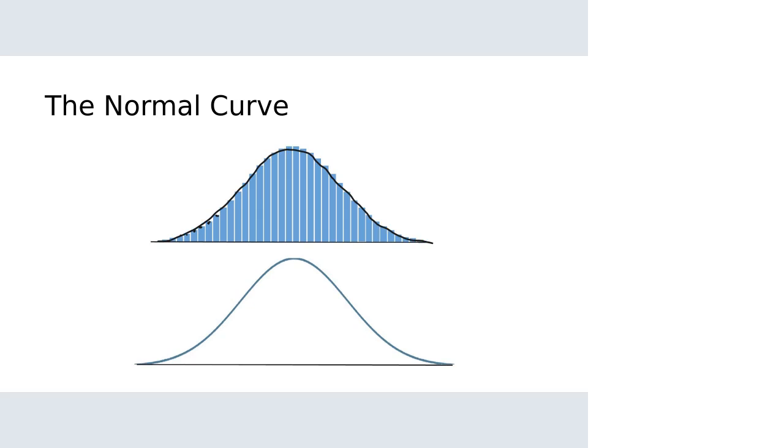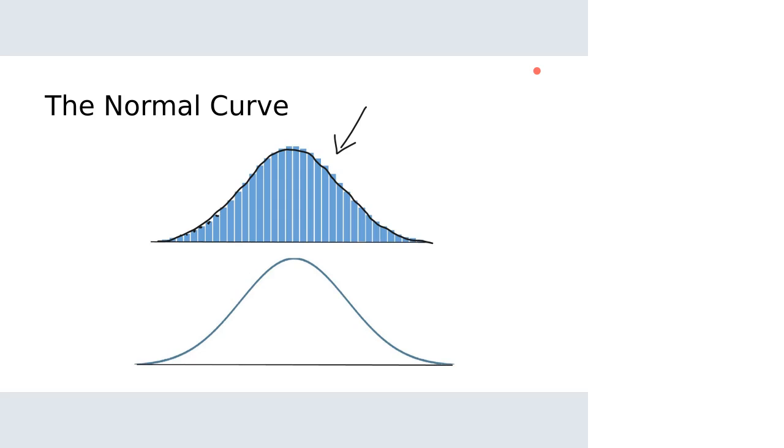Once we have that curve drawn in, we take the bars away, we're left with this thing right here, and that's what's called the normal curve. Draw in a curve, take the bars away, and now we're just looking at the curve that shows all that data.